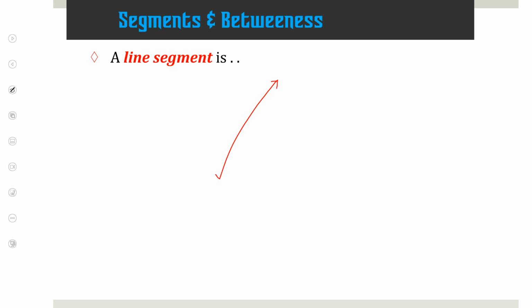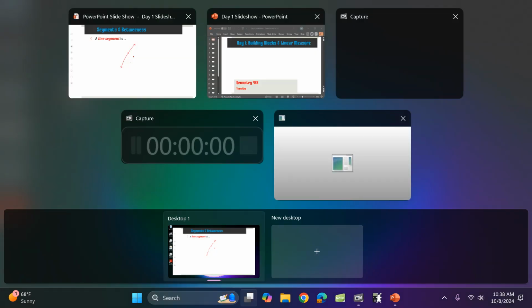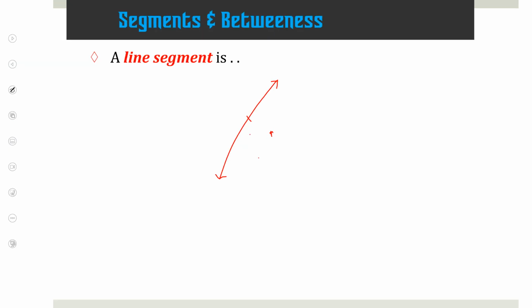Like this would be like a section, like a segment X, and that would be segment Y, maybe. But that's a line.